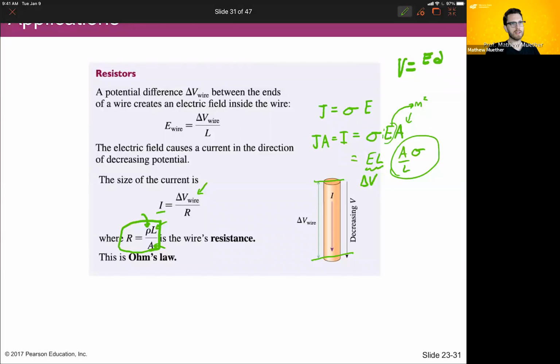You can think about this in terms of water flow. Remember, we said that electrons flowing in copper wires act a lot like incompressible fluids, like water flowing through pipes. You could imagine different materials stuffed into the pipe.